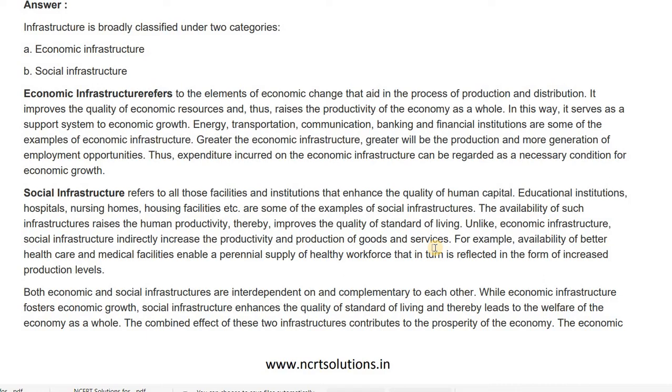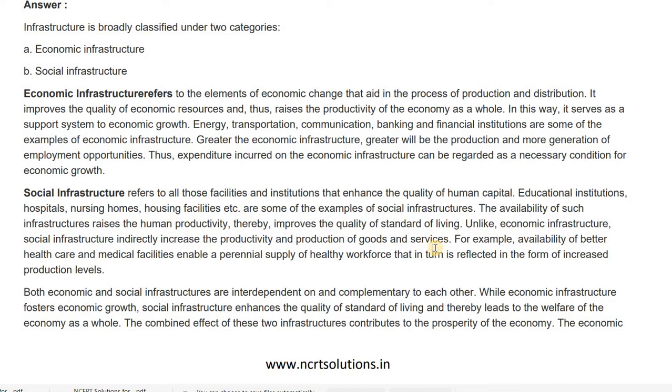Okay, then infrastructure, two types are there, social and economic infrastructure. Economic infrastructure means it will help the process of production and distribution. Which are the economic infrastructures? Energy, transportation, communication, banking, financial institutions. Social infrastructure refers to those facilities and institutions that enhance the quality of human capital or human development.